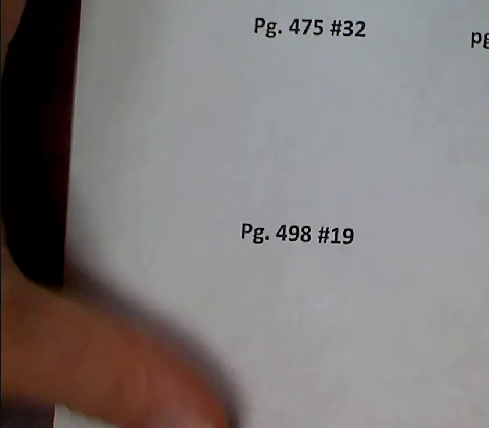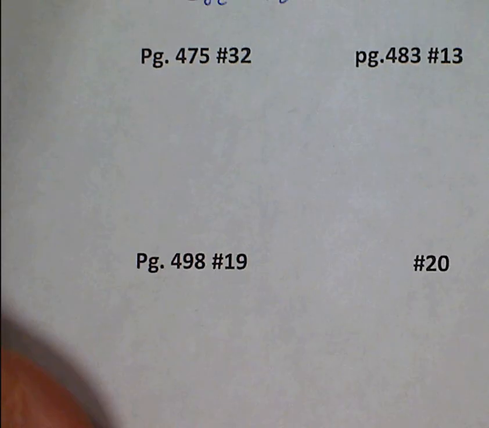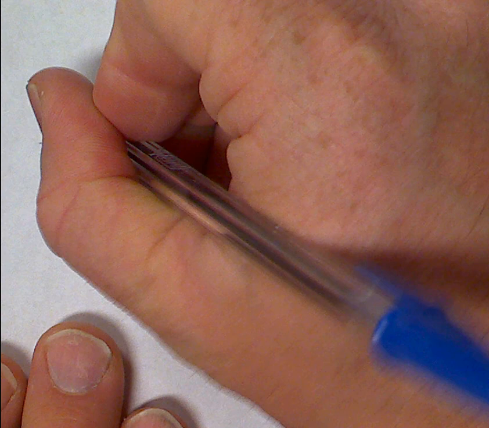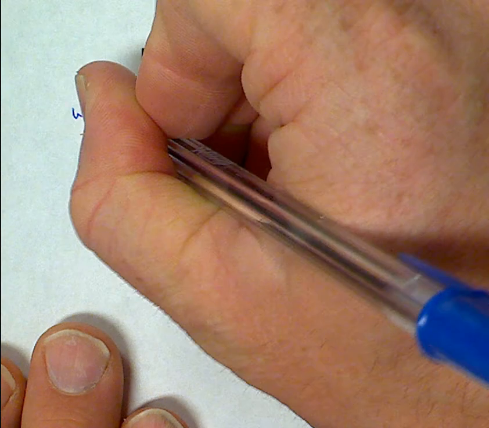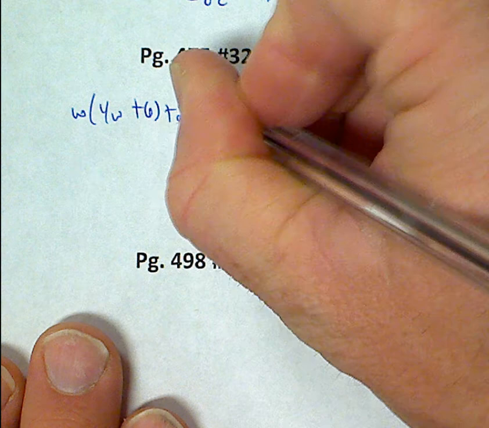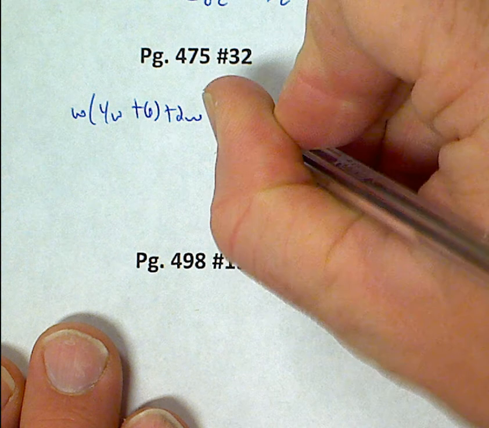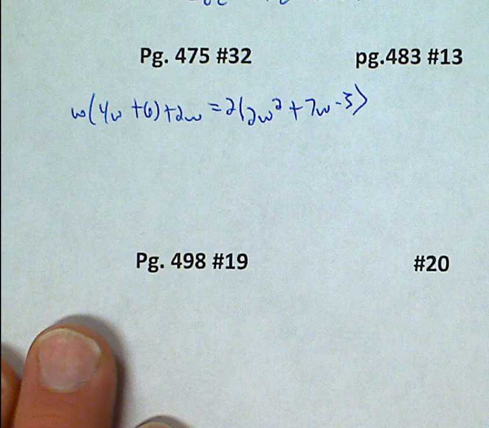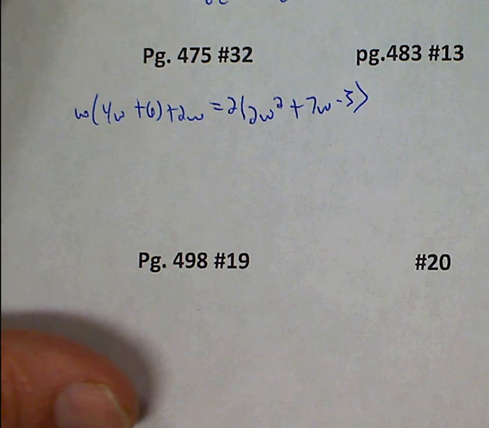Page 475, number 32. They give us w, parenthesis 4w plus 6 plus 2w equals 2, parenthesis 2w squared plus 7w minus 3. And I just need to solve.